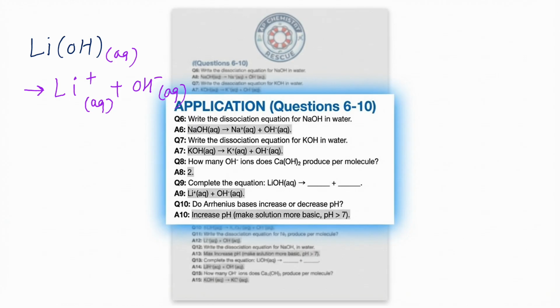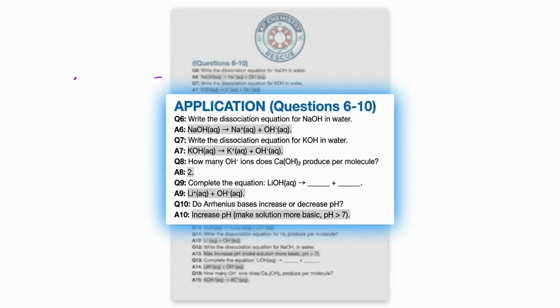The last question here is number 10. It's going to ask me, do Arrhenius bases increase or decrease pH? Think about what pH means. If you are revising the unit, then this is good for you. If you are starting, and this is only the second video, you have not taken this one before, so you need to revise this first and understand it.